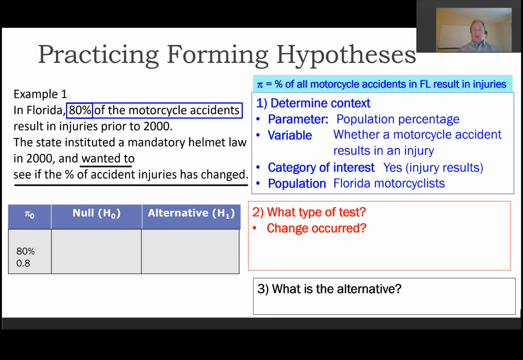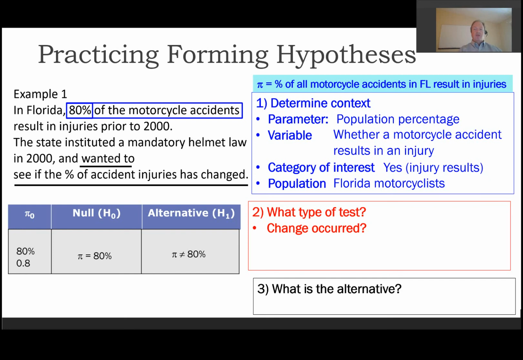So we're trying to find out if the percentage decreased, if it increased from 80%, or it changed. And again, the problem statement: what do we want to do? We want to see if the percentage of accidents that resulted in injuries has changed. So clearly we're testing to see if it's not equal to, because we see the word changed.